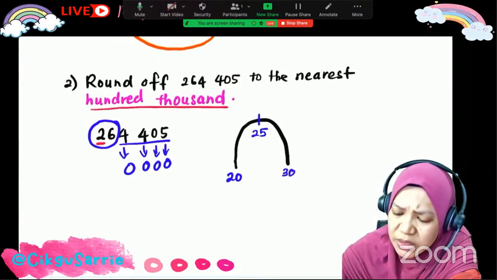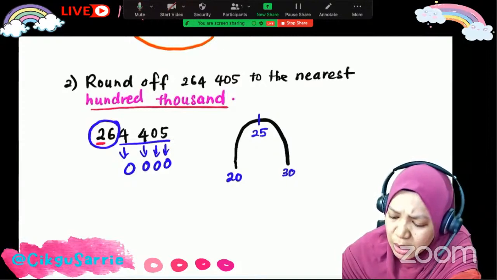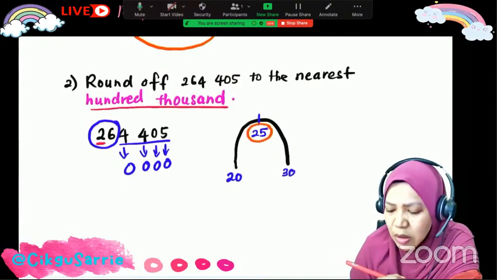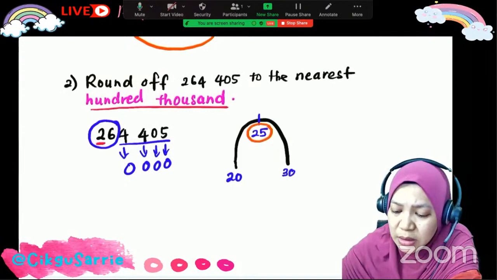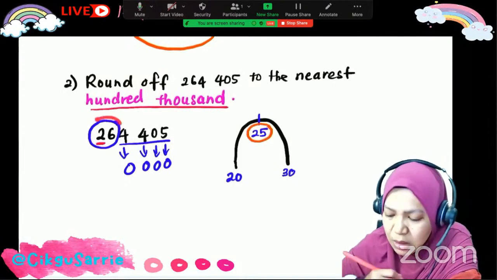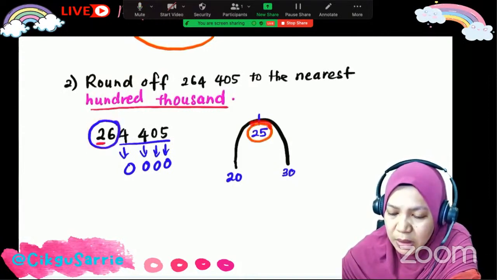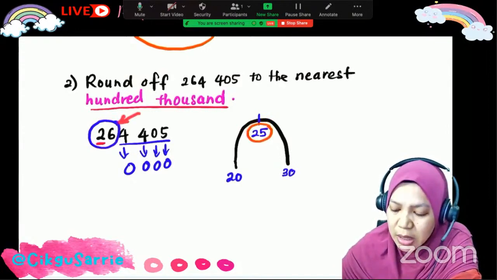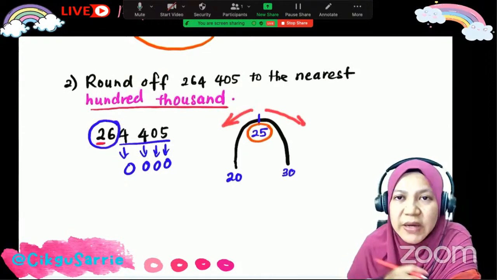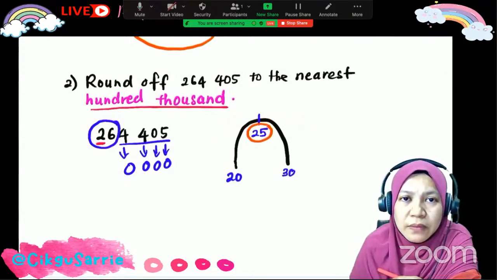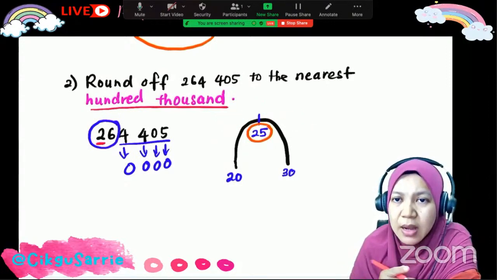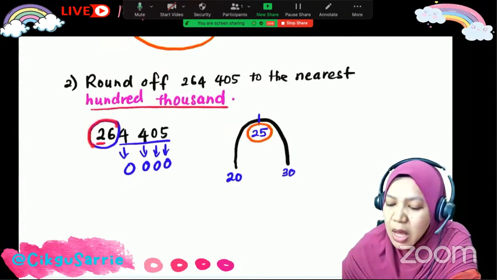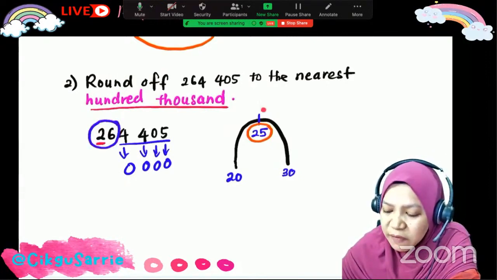Now we start to do a comparison, between this circle number and the middle number. Look, this 26 is before 25 or after 25? Okay, that's correct. 26 is after 25.